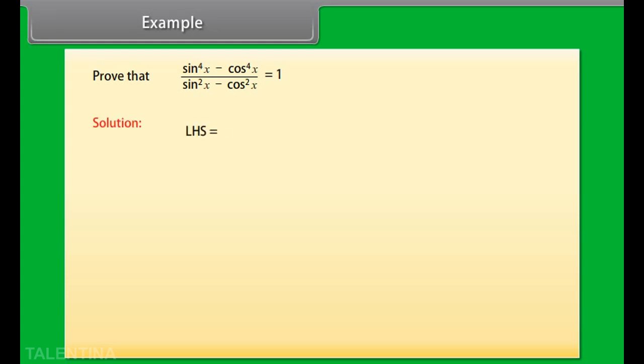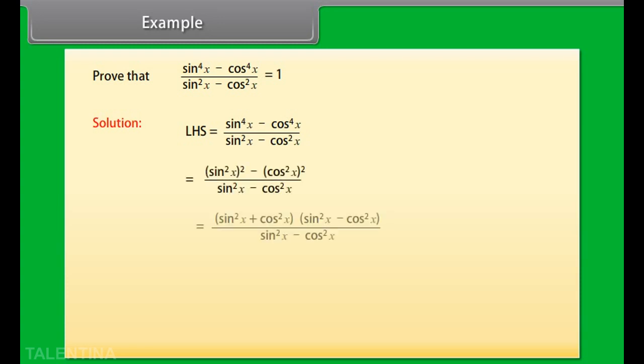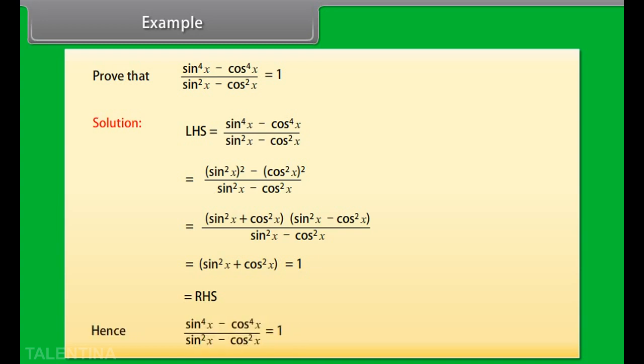On solving the left-hand side, which is (sin raised to the power 4x minus cos raised to the power 4x) whole upon (sin square x minus cos square x), we get 1. And this is equal to the right-hand side. Hence, the expression is equal to 1.